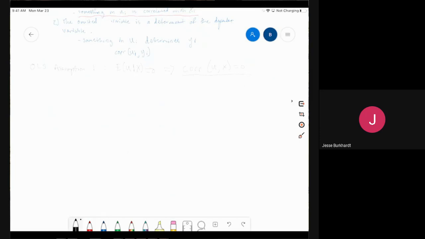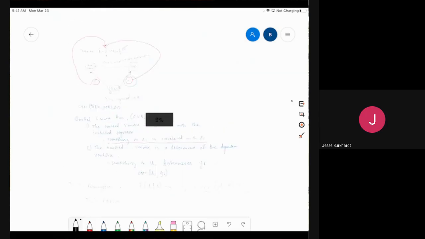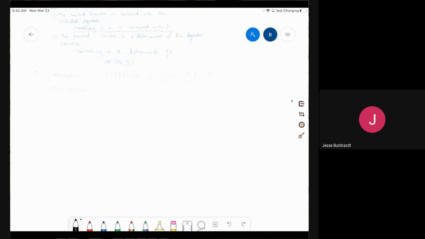That means that when all of our assumptions don't hold, particularly assumption number 1, the OLS estimator is biased.